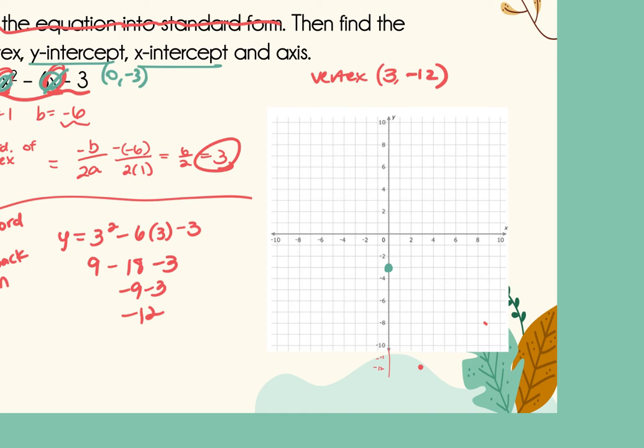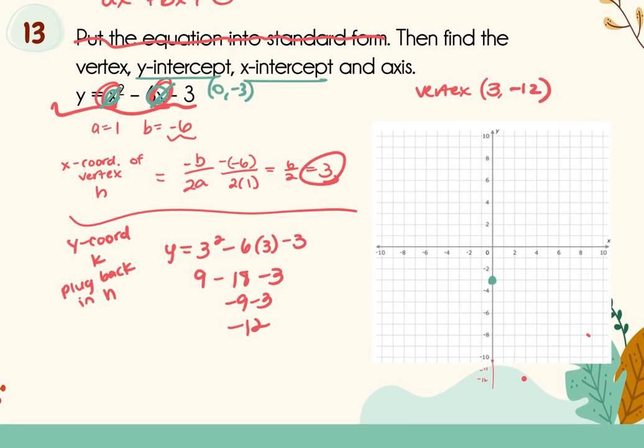The x-intercepts, this time I would want to see if it's factorable because we didn't already complete the square. Are there factors of negative 3 that sum to negative 6? No. Which means you could either force it in to complete the square or you could use the quadratic formula. That's your other option.